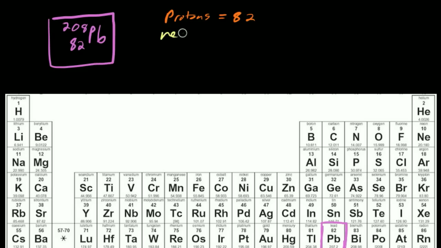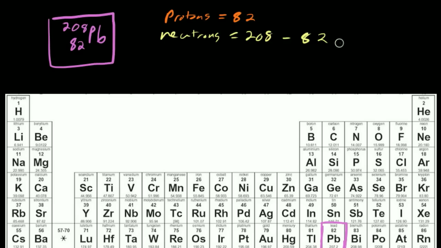How many neutrons? Well, it's going to be 208 minus 82. So what would that be? That would be 200 minus 80, so that would be 120.